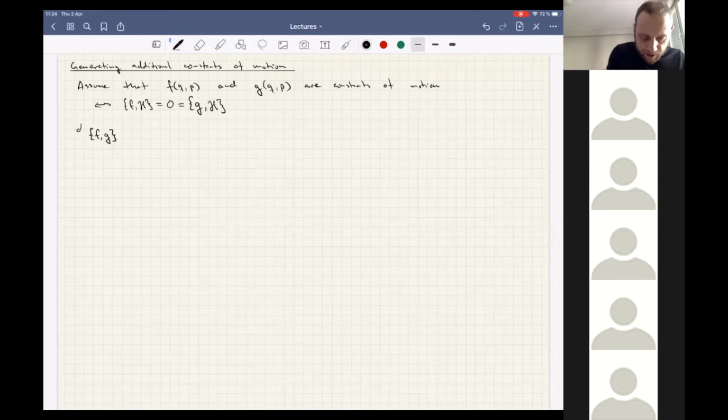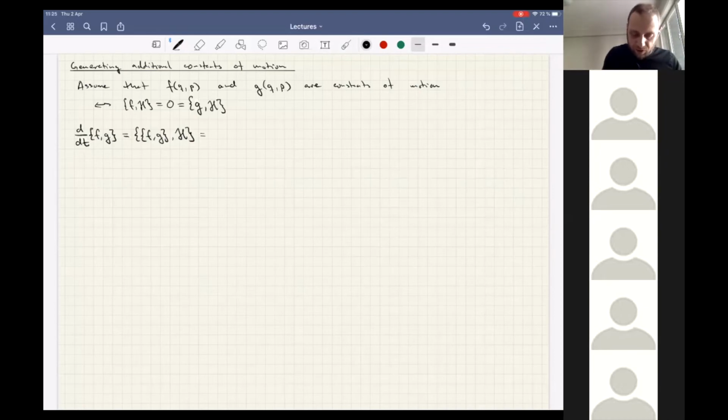So just to see that it is a constant of motion, let's take the time derivative here and figure out what it is. Well, the time derivative of anything here is going to be its commutator with the Hamiltonian. But now we can use the Jacobi identity that we discussed when we introduced the Poisson bracket.